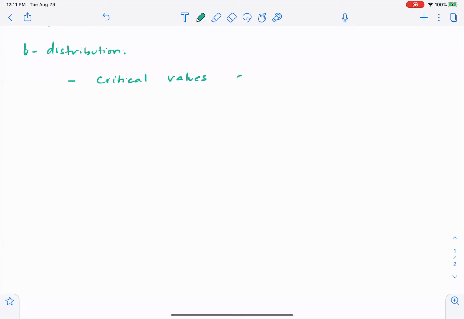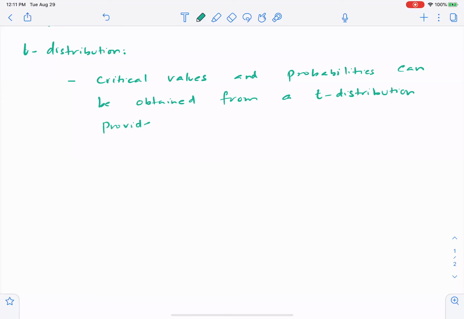So critical values and probabilities can be obtained from a t distribution provided we know something called DF. DF stands for degrees of freedom.